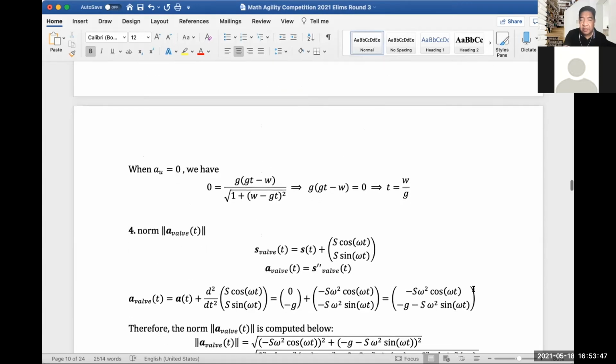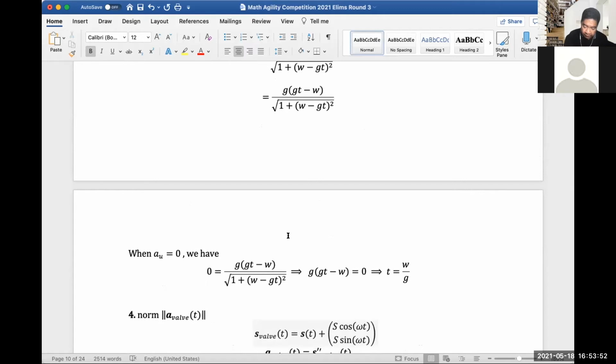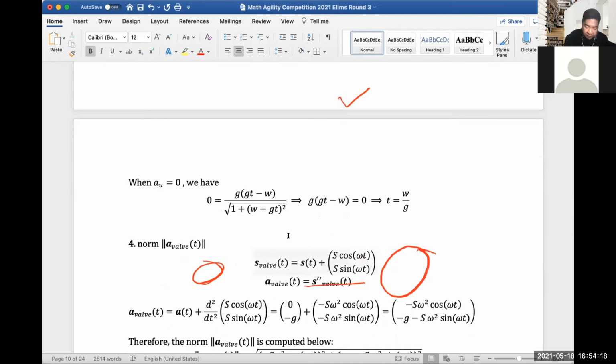So when it is 0, we just substitute 0 from here. Simplifying it, we will get g quantity gt minus w equals 0. So we'll be able to get t is equal to w over g. This is when a sub u is equal to 0.